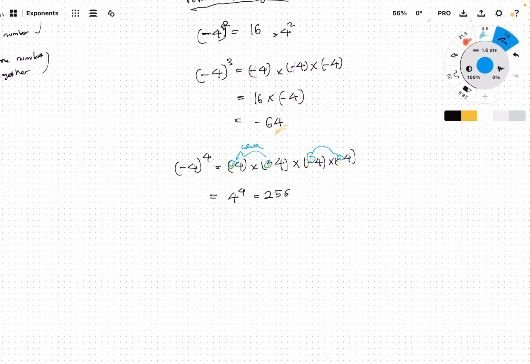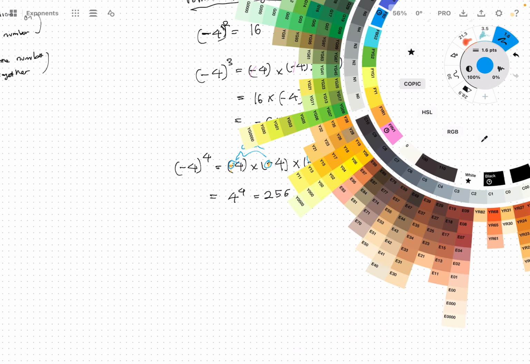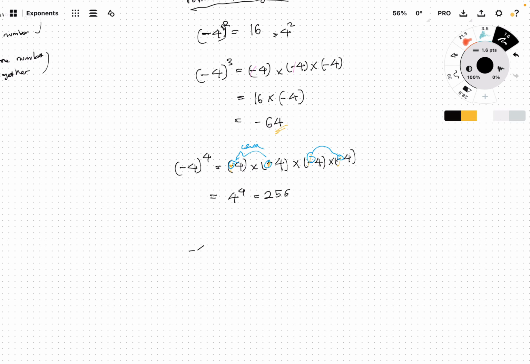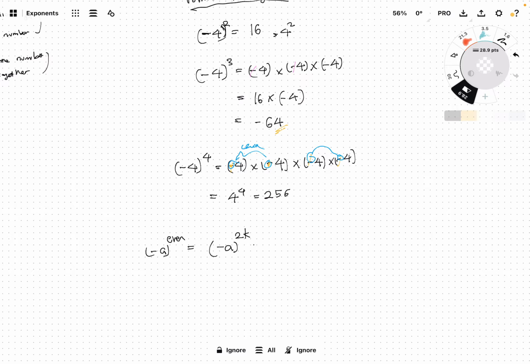Do you guys see a pattern? The pattern is negative a, let's say, to an even power, write it like this. It just becomes the positive number to that power.